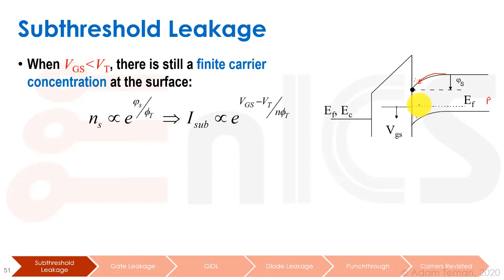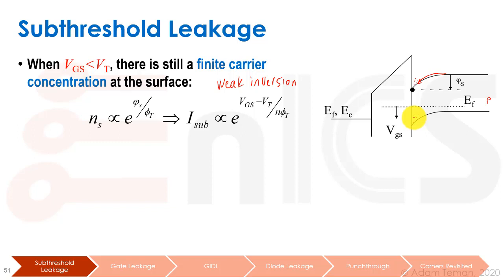This is known as weak inversion, okay? And it means that we have some concentration of minority carriers, which do cause current, but it's not enough to cause a large current, which happens at our threshold voltage. So that's one way to look at it. Another way to look at it is as if we have a BJT that's not exactly closed. There are different ways to look at this type of reason for subthreshold leakage.